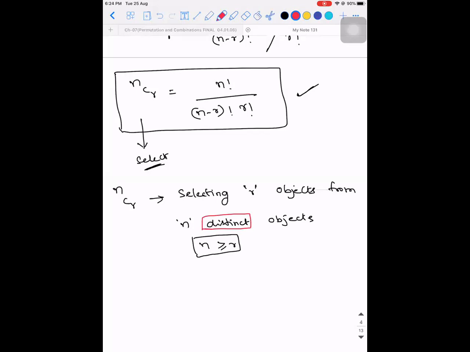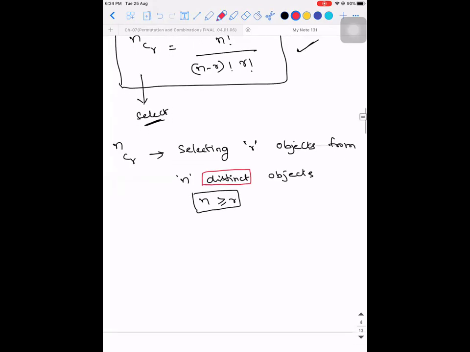So if you're clear with this, we'll do few problems. Sir, I have a doubt. Yeah, tell me. For example, if they give one object and say to arrange that object in different ways, then we can't use combination, since it's not distinct. See, if it is only one object, how can you select one object and arrange one object?